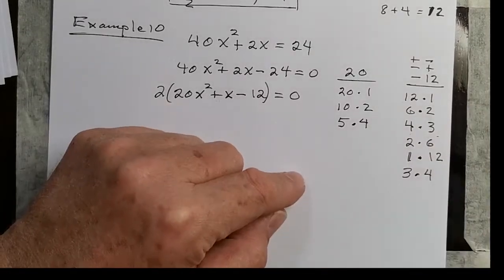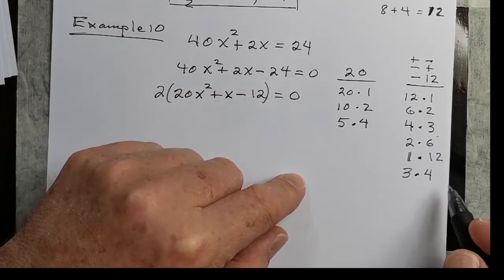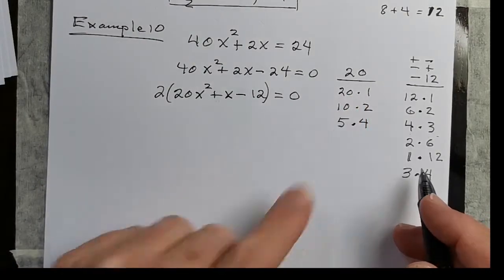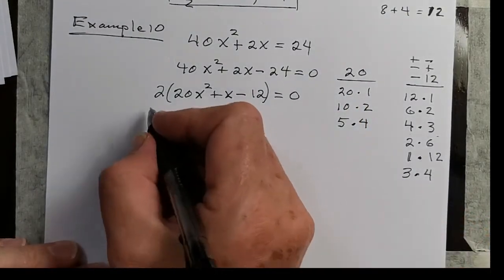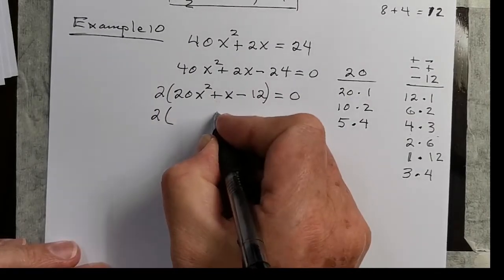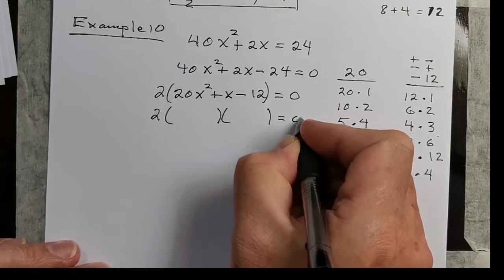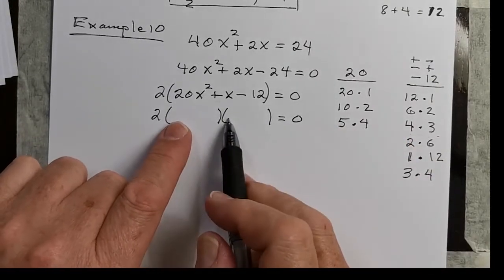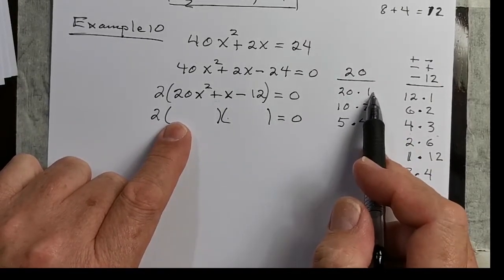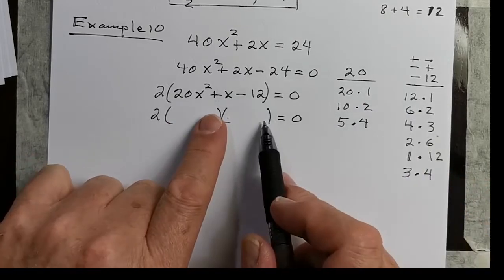So here are my options. And let's look for the outer and the inner. Now notice these are the first terms. You'll have your first terms being these two numbers. The last terms will be these two.